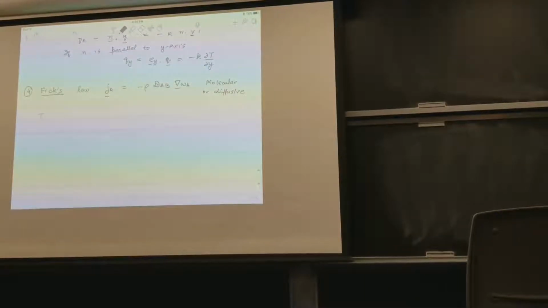But in reality, you are interested in mass transfer. The mass transfer takes place both by diffusion and by convective means, which is due to bulk flow.